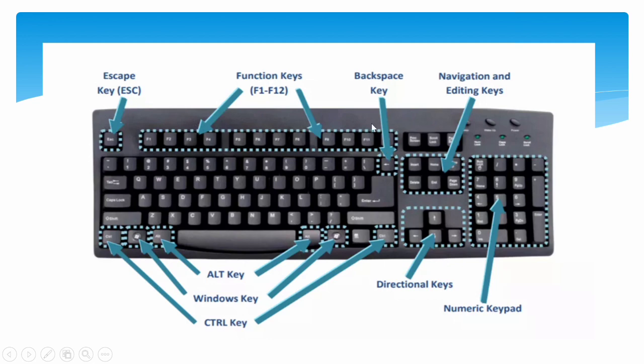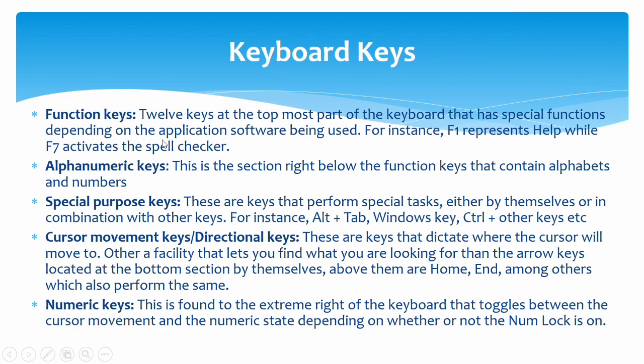We call them F1 to F12. Each has its own function depending with the app. So F1 would be for help depending with what you're doing. Some could be for spell check, others could be for connecting another screen. So those are functional keys.